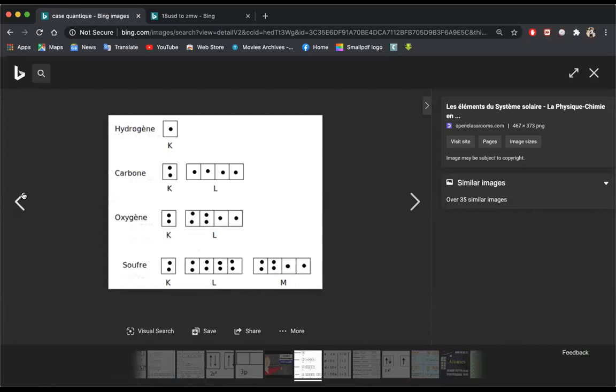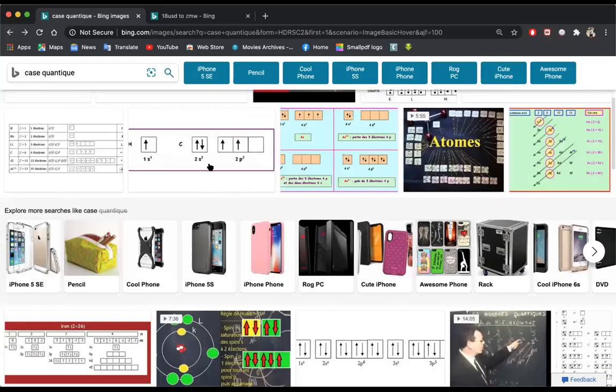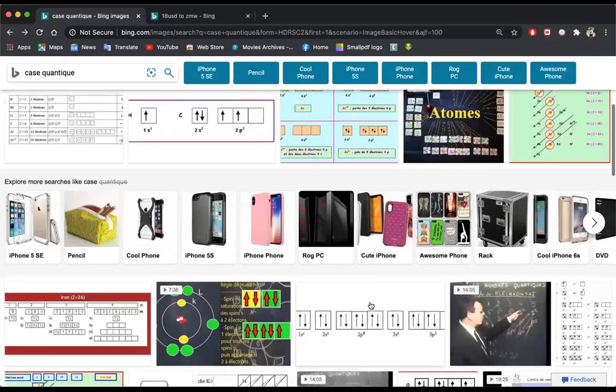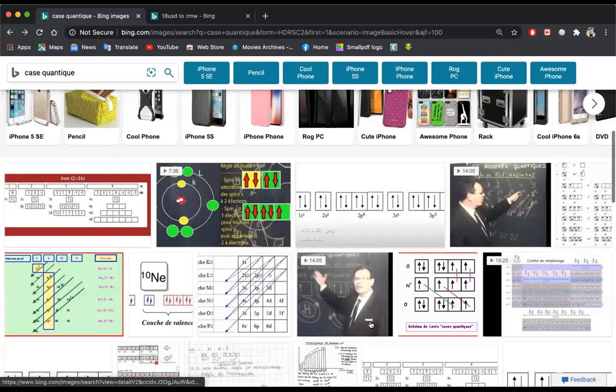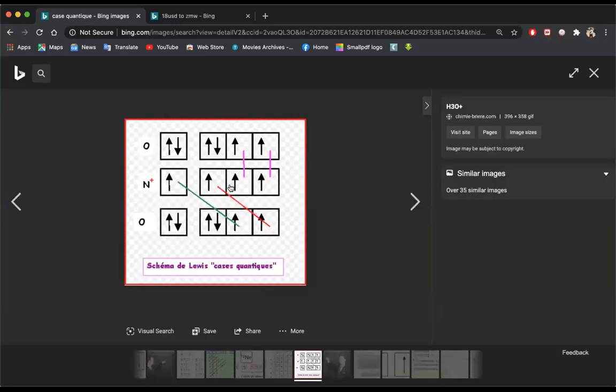So this is another way of representing this. Which one? Okay, something like this. So for ions also, if you've noticed, an ion with one electron, that is the variation.